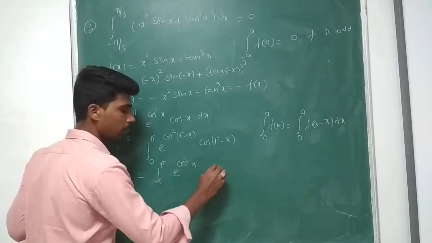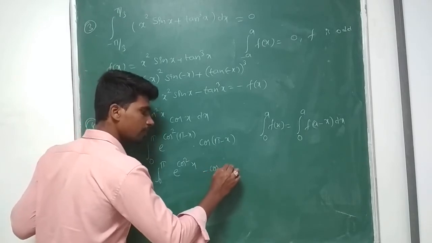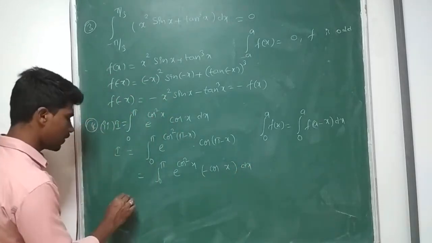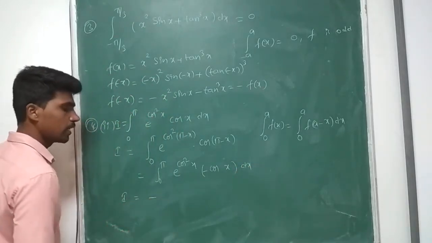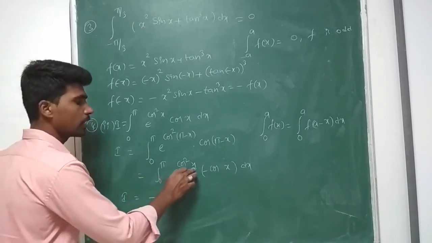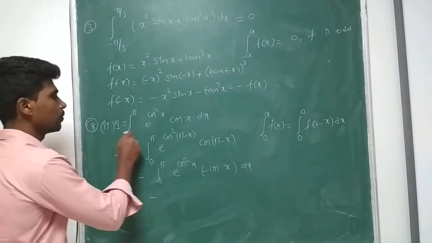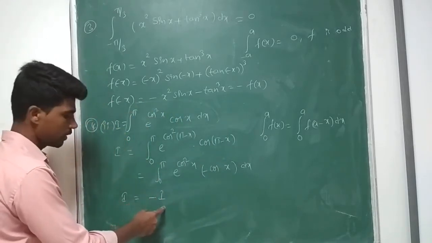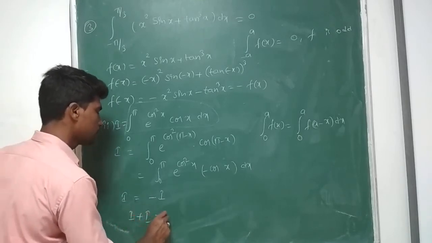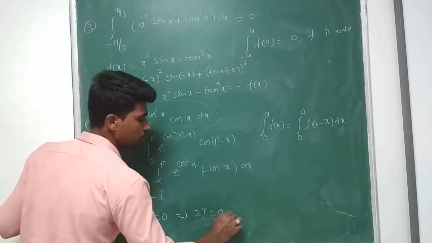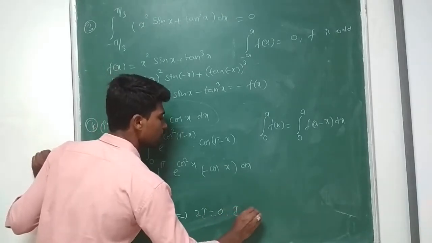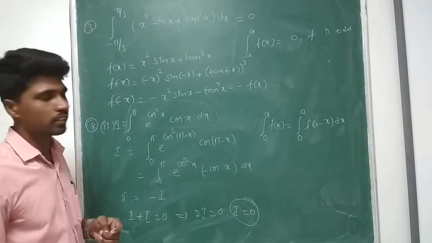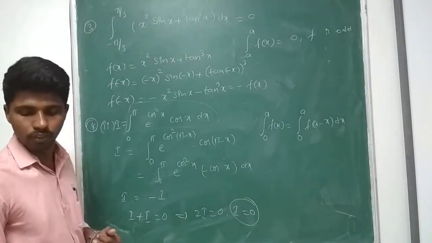Cos of pi minus x is minus cos x. So I is equal to minus integral 0 to pi e power cos square x into cos x dx, which is nothing but minus I. So I plus I is equal to 0, which represents 2I is equal to 0. So the value of I is equal to 0. The integral 0 to pi e power cos square x into cos x dx gives answer 0.